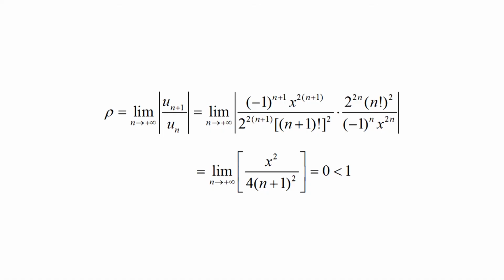We have rho equal to limit of absolute value of u_(n+1) upon u_n as n approaches infinity, which is equal to limit of absolute value of (negative 1) to the power n plus 1 into x to the power 2 times (n plus 1) upon 2 to the power 2 times (n plus 1) into ((n plus 1) factorial) whole square into 2 to the power 2n into (n factorial) whole square upon (negative 1) to the power n into x to the power 2n as n approaches infinity, which is equal to limit of x square upon 4 times (n plus 1) whole square as n approaches infinity, which is equal to 0, strictly less than 1.